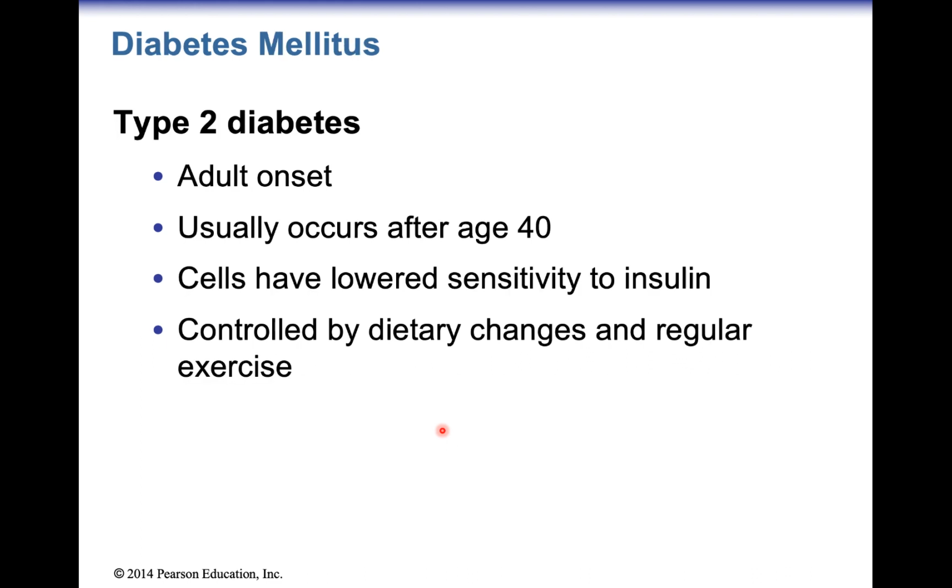Type 2 diabetes is usually adult onset, caused by lifestyle choices, usually too much ingestion of unhealthy foods like fats and sugars, or having poor physical exercise on a daily basis. This usually occurs after the age of 40. The reason this happens is not because you don't make enough insulin.